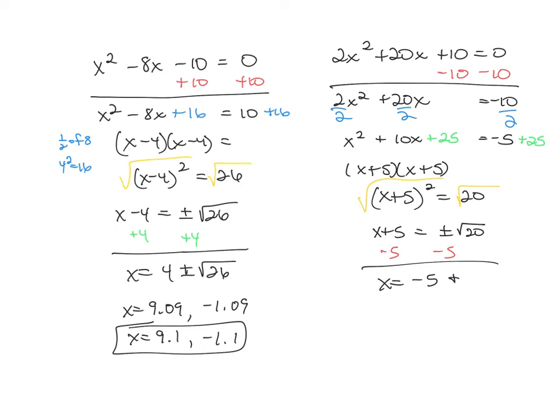So we get negative 5 plus or minus square root of 20. So same thing, just type it into your calculator. Negative 5 plus square root 20, negative 0.53, and negative 5 minus square root 20, negative 9.47.